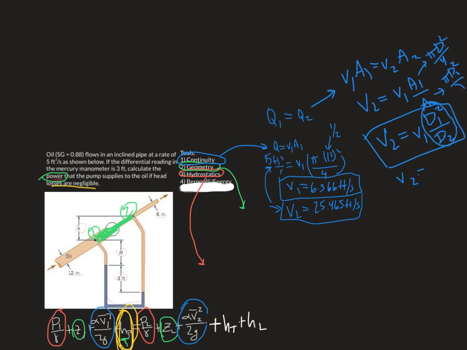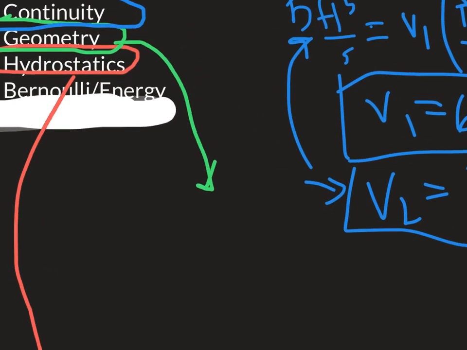So V2 equals 4V1. That's how I do this; I just multiplied by 4 in my head. That's much faster and will save you time on a test or a quiz.